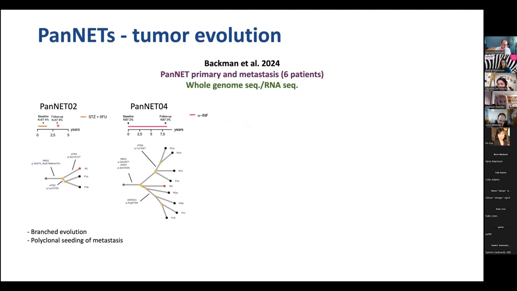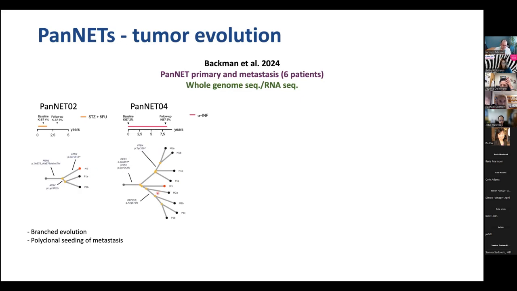So if you see here, patient 2 starts with the initial MEN1 mutation. But then the 2 other subclones deriving from this initial mutation have an ATRX mutation in the lysine 372, but the metastasis also has an ATRX mutation, a completely different mutation.